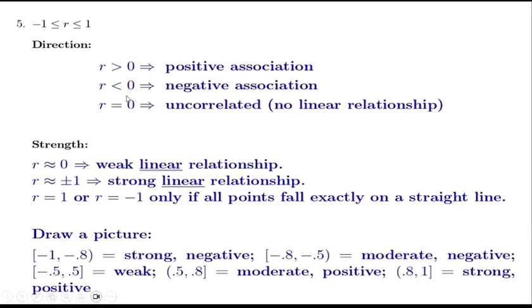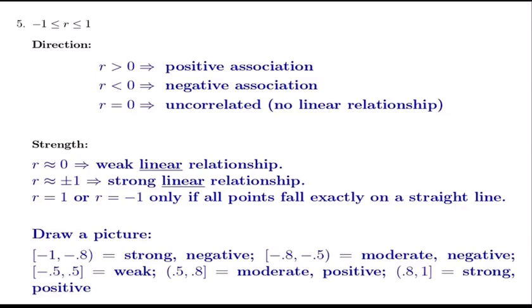If R is less than 0, you have a negative association. When your correlation is equal to 0, it means there is no association, there is no linear relationship, or you can also conclude that the two variables are uncorrelated.